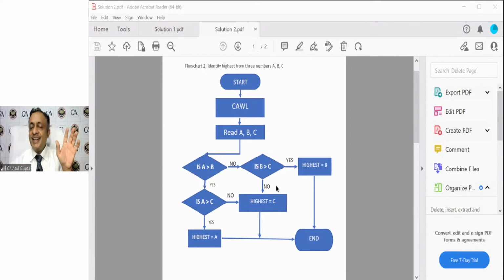Now, if you look at this decision symbol or rhombus, remember that the rhombus is going to have one input and 2 outputs, because the decision is to do or not to do, yes or no. So one input and 2 outputs.